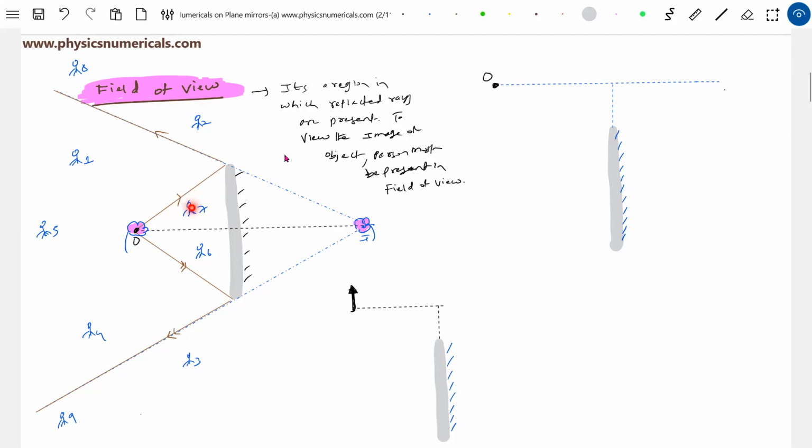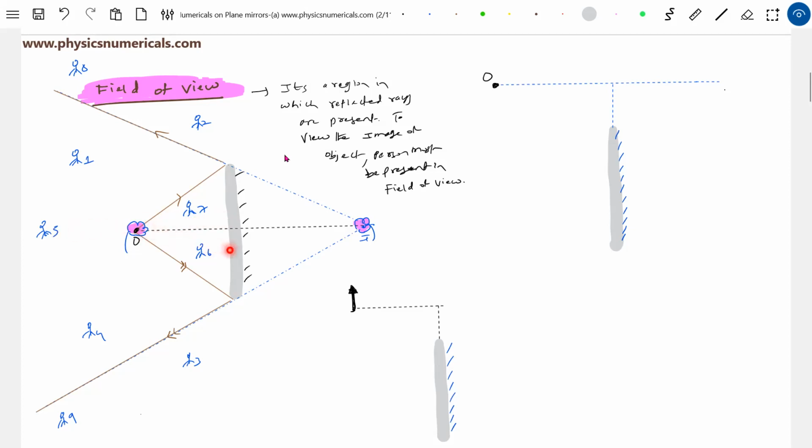Then this person 7 will say that yes, there's the image. Similarly, the rays emitted by flower O after striking the mirror will enter into person 6's eye. Then you say that I am able to see this image. Similarly, for person 1, the rays after reflection will enter the eye, so 1 is able to see. Even 5 also.